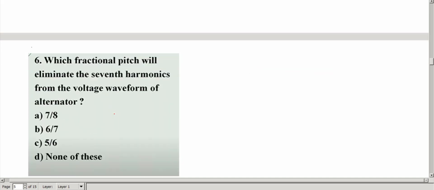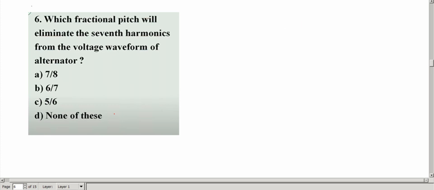Next question: which fractional pitch will eliminate the 7th harmonic from the voltage? This is a little confusing question. Fractional pitch means short pitch. So which short pitch angle will eliminate the nth harmonic?